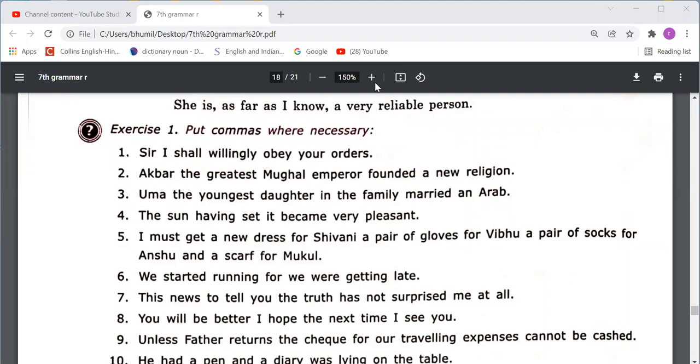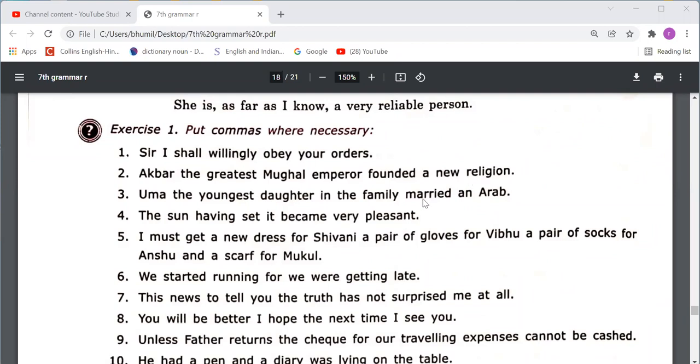Palak, you please tell me. Sir, after Uma and after in the family. Very good. Uma, the youngest daughter in the family. Right, these are the referring words. That's why we have used the comma after Uma, before the youngest, and after the family word. Very good, right answer.